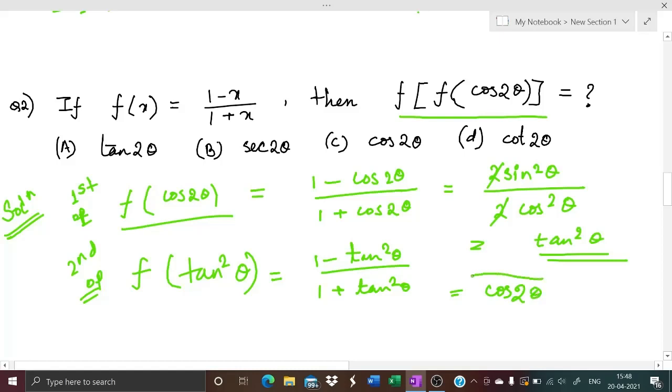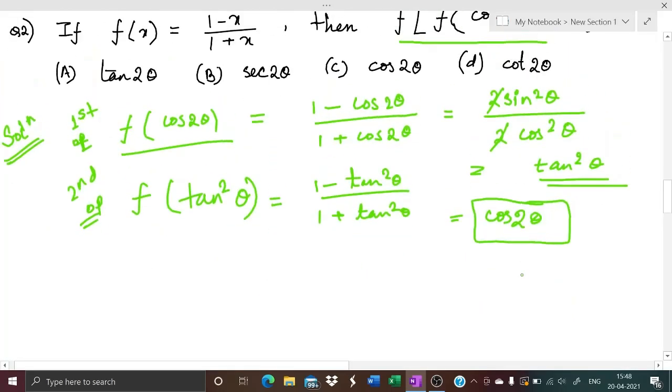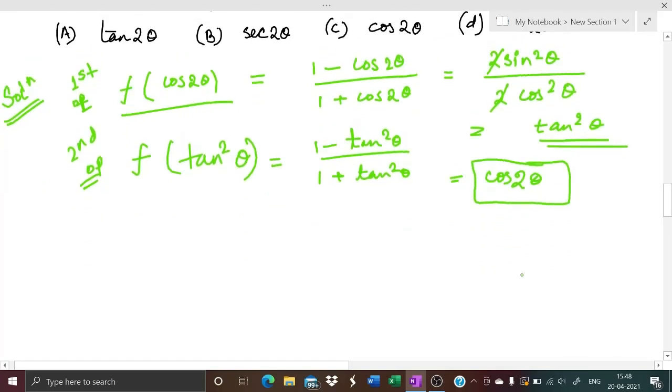So you can see that whenever you are giving any competitive exam, you will not get questions from a particular topic only. Questions will always be mixed. Trigonometry will be used in calculus, algebra can be used. So you should be thorough with each and every topic. Only then you can solve the question. So I have got f of f of cos 2 theta equal to cos 2 theta only.